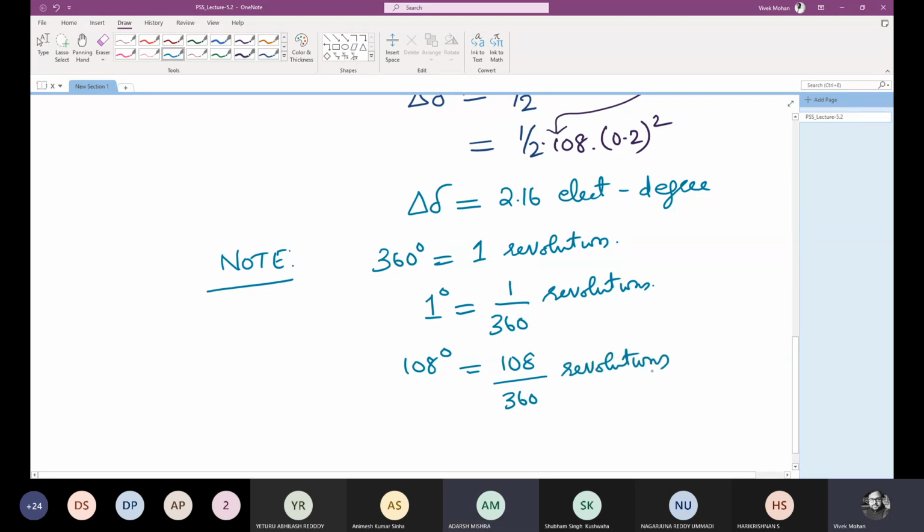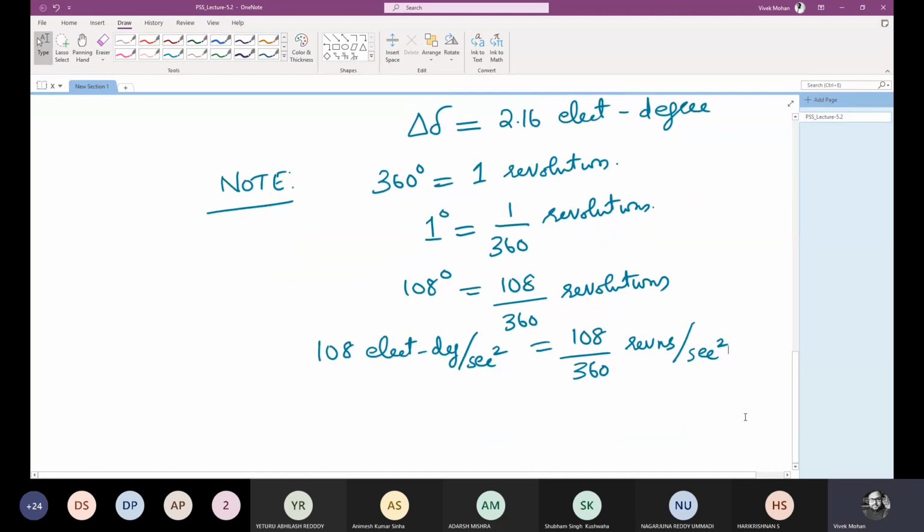Because slowly we are moving to RPM. From degree slowly we are moving to RPM. If you know RPS, then you can find RPM. So 108 electrical degree per second squared is equal to 108 by 360 revolutions per second squared.